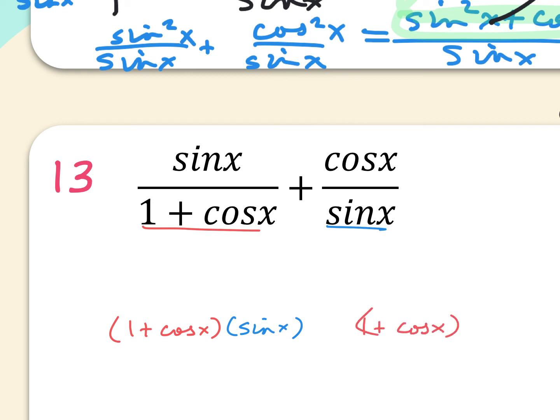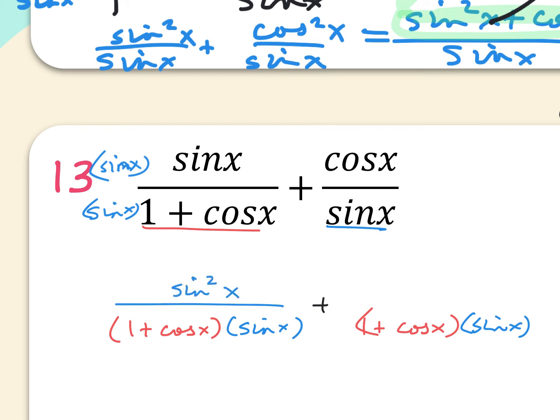But I have to go back and figure out what each fraction was missing. So for the first one, notice it's missing the sine x. So I'm going to multiply that to the top and the bottom. So when I multiply the numerator, it becomes sine squared x.